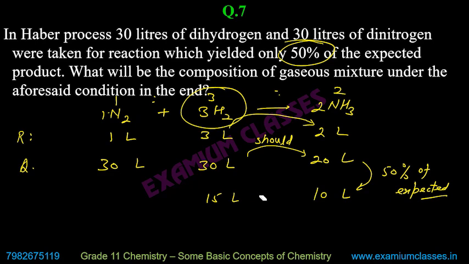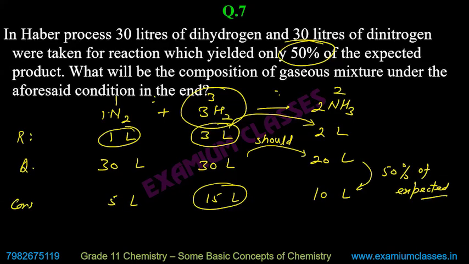Yes, sir. Okay. And as per the reaction, 3 liters of hydrogen requires 1 liter of nitrogen. It means 15 liters will require 5 liters of nitrogen. So 5 liters consumed, 15 liters consumed, 10 liters produced.